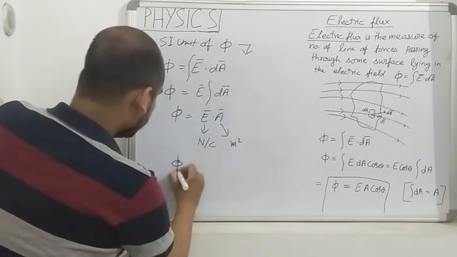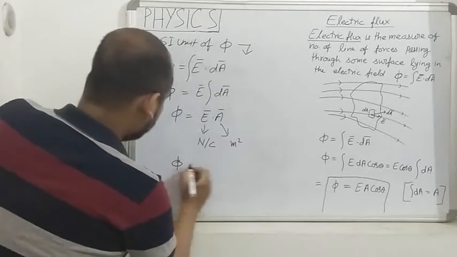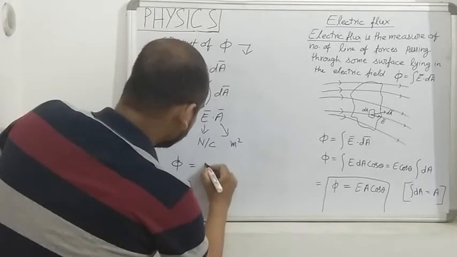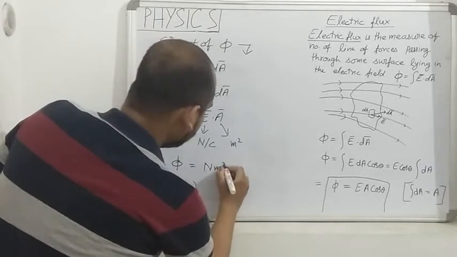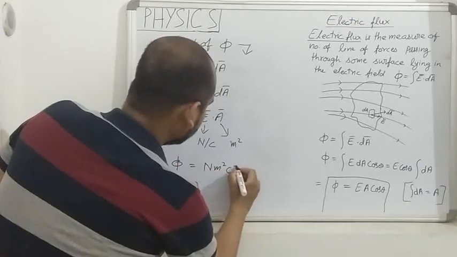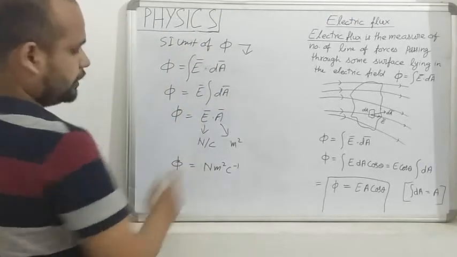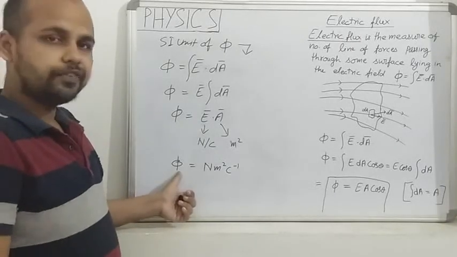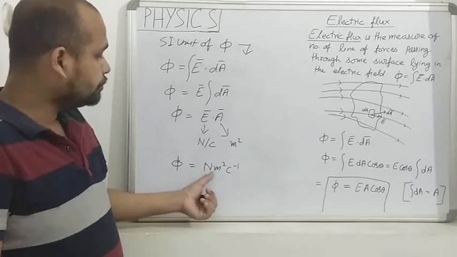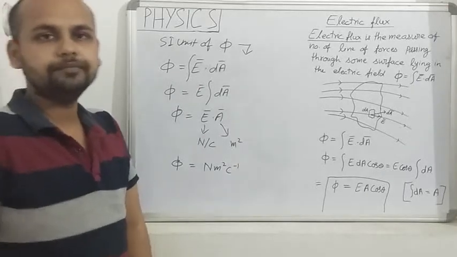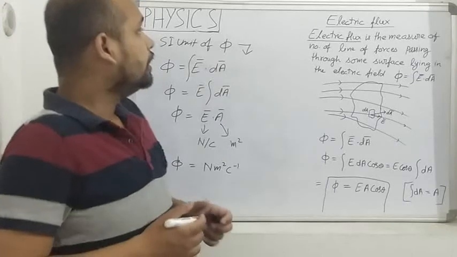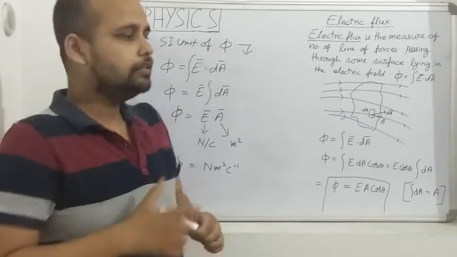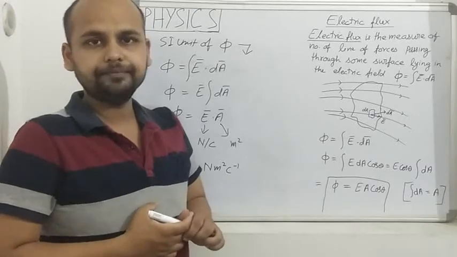So we can say that unit of electric flux will be equal to Newton meter square per Coulomb. Okay, so remember that the SI unit of electric flux phi will be equal to Newton meter square per Coulomb. So this was all about area vector and electric flux. In the next video we will see Gauss theorem. Thank you.